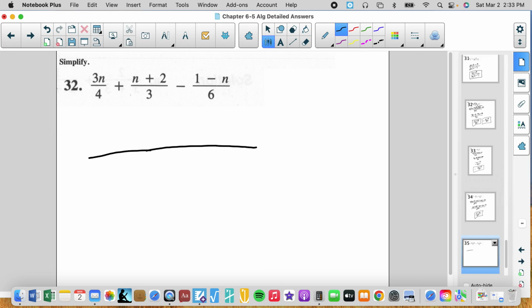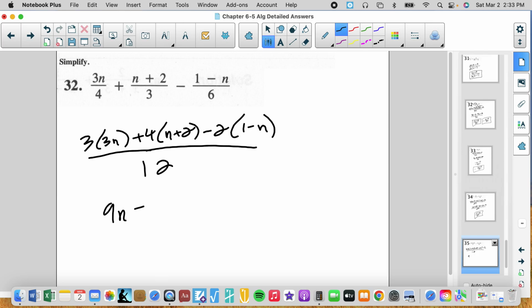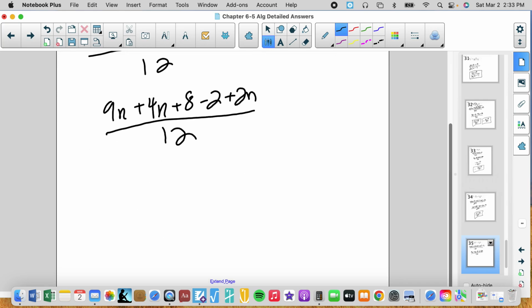12 is going to be our common denominator. That's 3 times 3n. That is 4 times n plus 2. And that is negative 2 times 1 minus n. 9n plus 4n plus 8 minus 2 plus 2n all over 12. 13, 14, 15n plus 6 over 12.